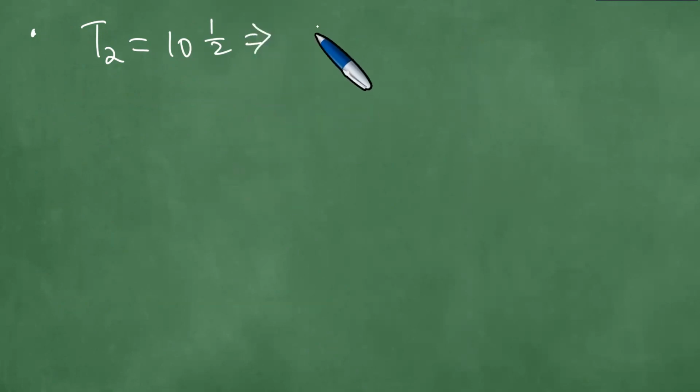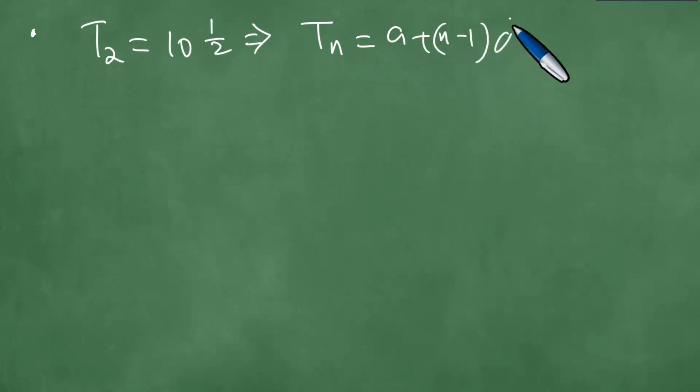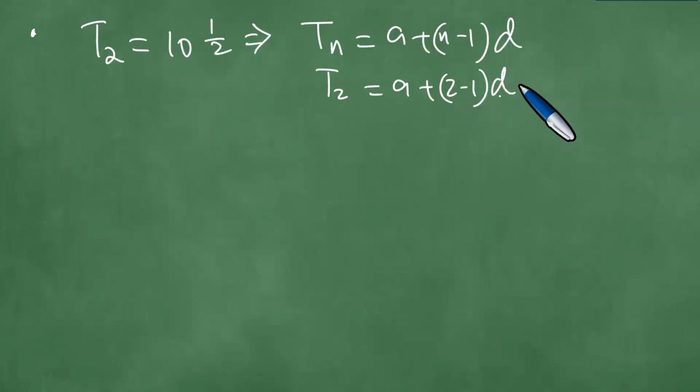Focusing on the first part of the question, we know that the second term is 10 and 1/2. But what is the formula for the second term? The formula for Tn is a plus n minus 1 into d. T2 is a plus 2 minus 1 into d, which is a plus d, which is 10 and 1/2.